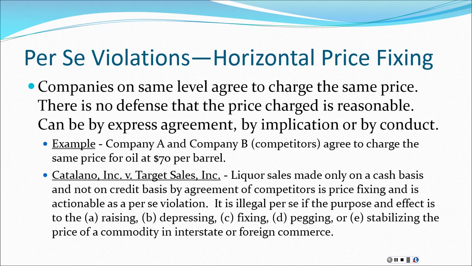First, horizontal price fixing. This is probably the one that has the most activity under Section 1. It's the easiest to understand as well. Companies at the same level of distribution, meaning manufacturer, retailer, distributor, agree to charge the same price.